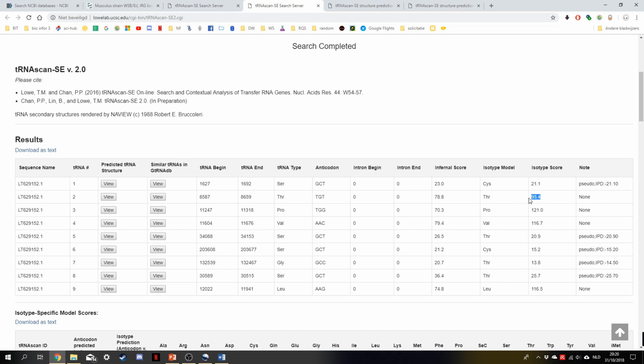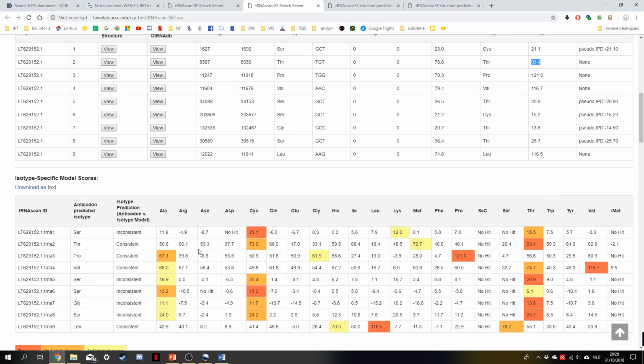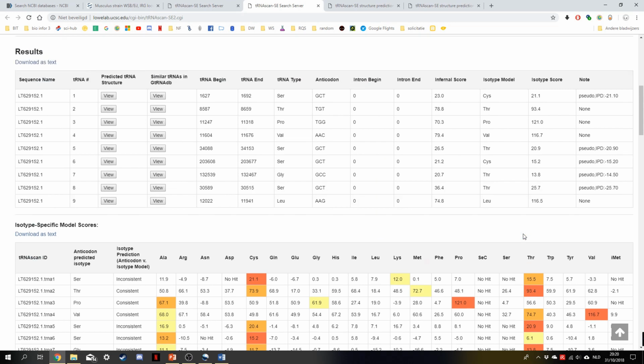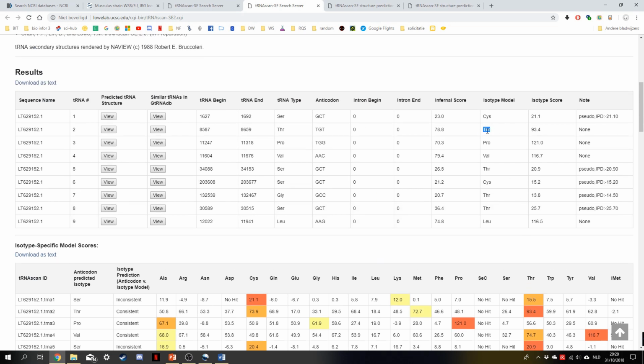And the isotype score that you can see again is the highest isotype score, and based on this highest score, which you can find here, it's the same 93%, and then the second highest is this 73%, and then the third highest is 72%, but only the highest is selected, and based on this highest score they assume that this would be the amino acid that would bind to this specific tRNA, and based on that the isotype is selected.